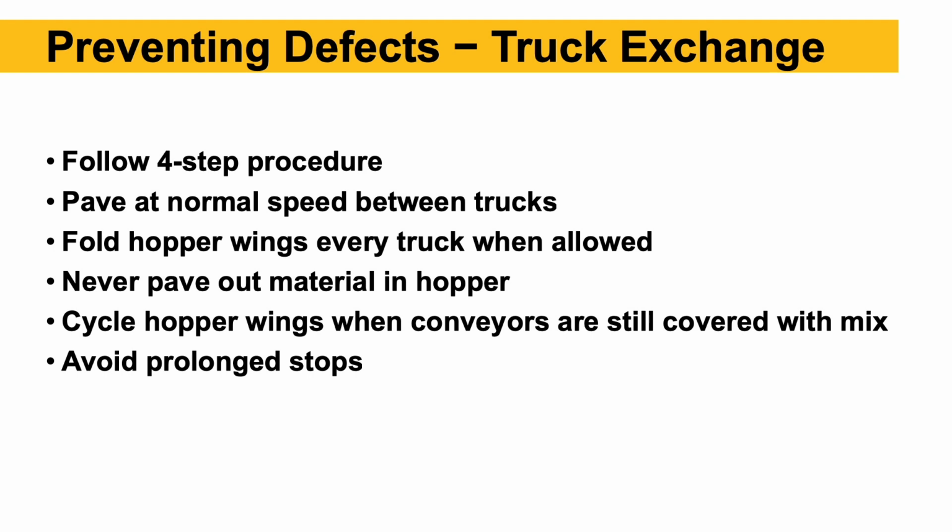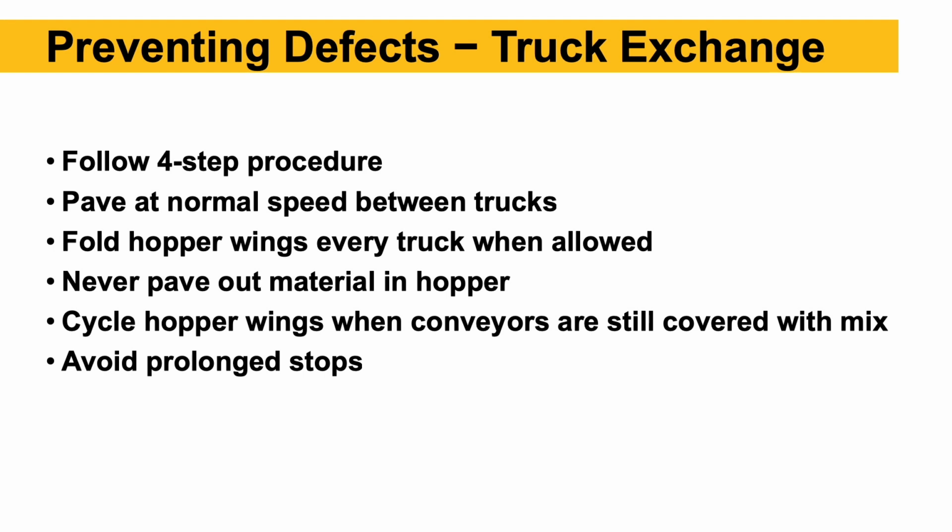So with the truck exchange, there's that 4-step procedure. We want to pave at normal speed between trucks. Fold the wings every truck when it's allowed. If not, then we just make sure we leave enough mix in that hopper, at least a third to a half full, so that the next load will just dump on top of it and eliminate any segregation.